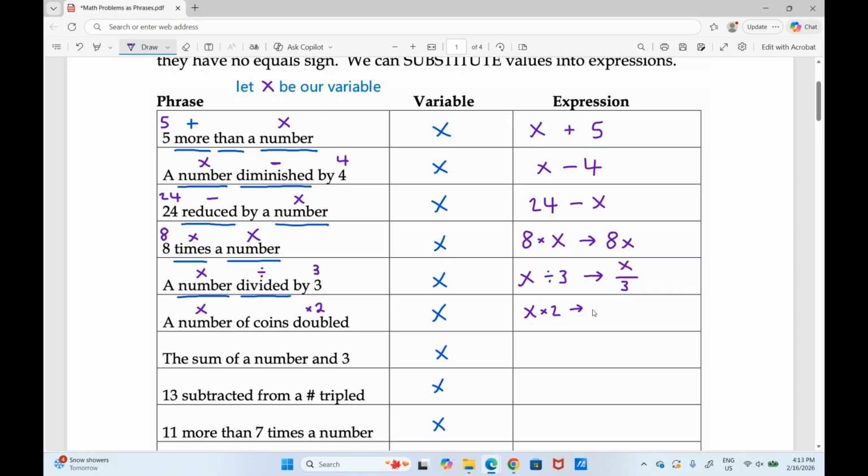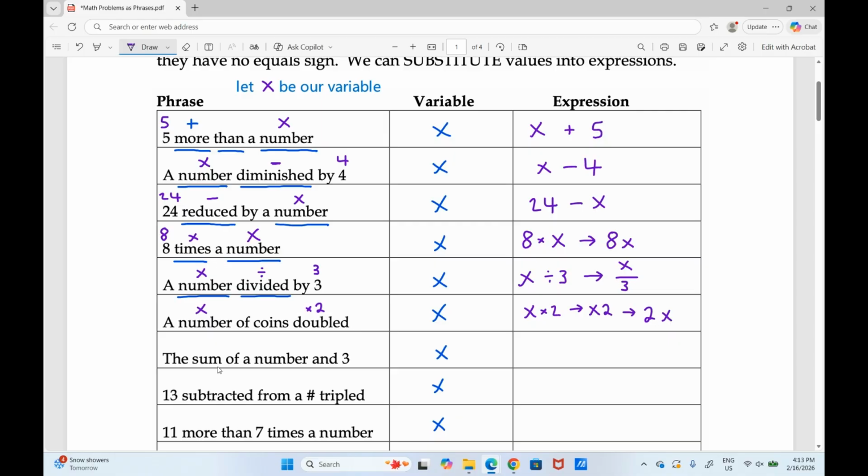But there's one more thing I want to tell you guys now. Another thing mathematicians like to do, we like to place the numbers before the variable. So instead of writing this as x times 2, we want to write it as 2x instead. It's just more common to see it that way. They still mean the same thing. Instead of saying x times 2, it's now 2 times x. So we'll just write it like that.